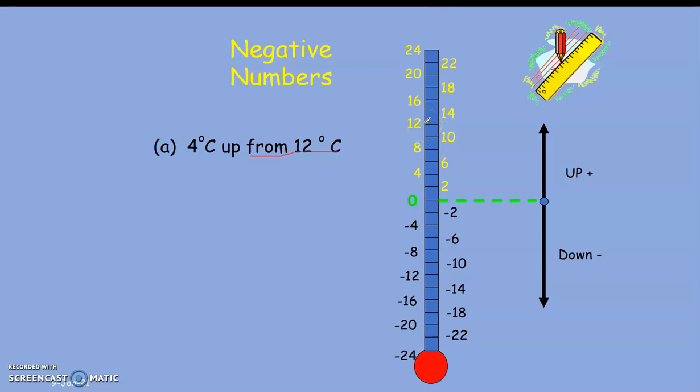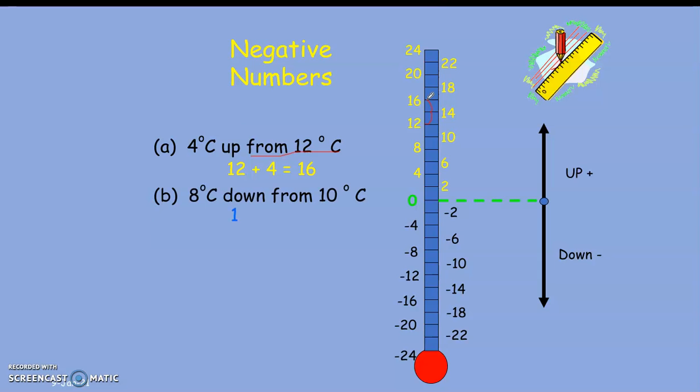We're going up, so we're adding. From my thermometer here, you should see that each jump represents 2 degrees Celsius. So if I start at 12 and I come up 4, I go 1, 2, 3, 4. So 12 add 4 is going to give me an answer of 16 degrees Celsius.